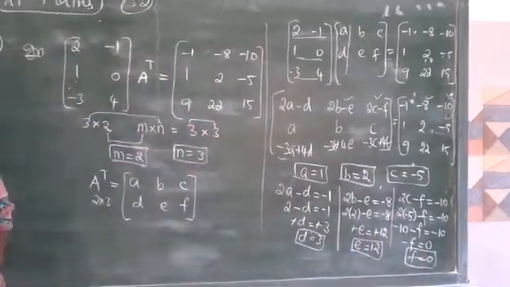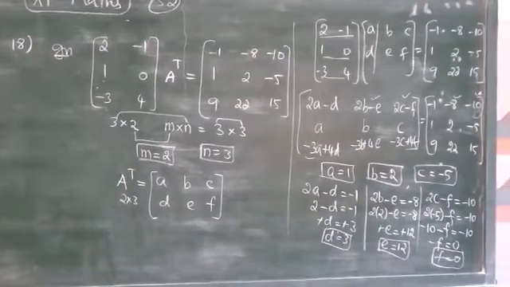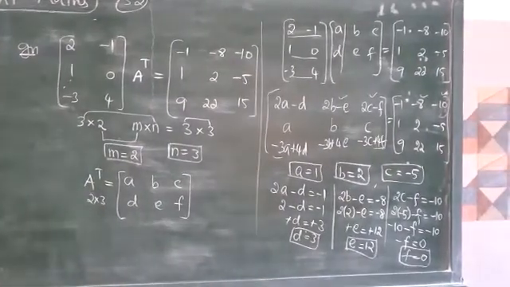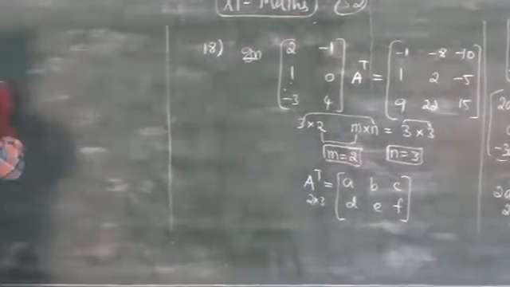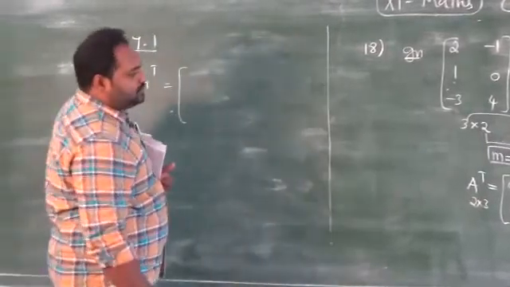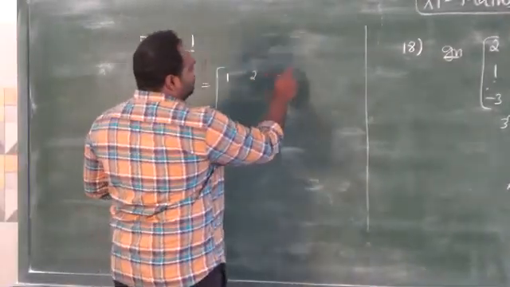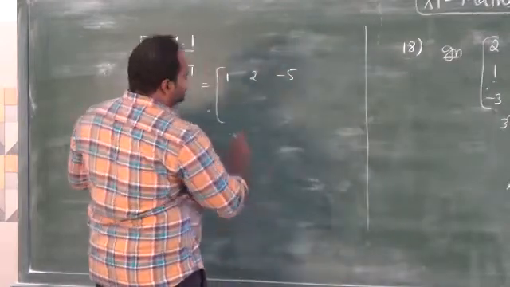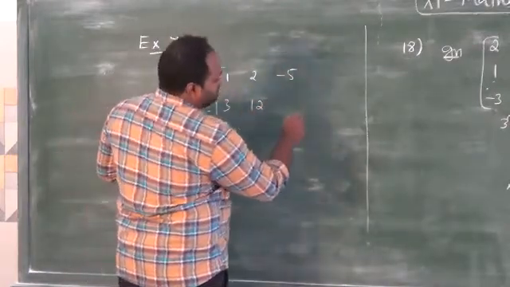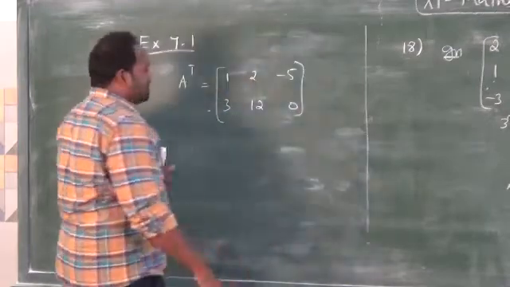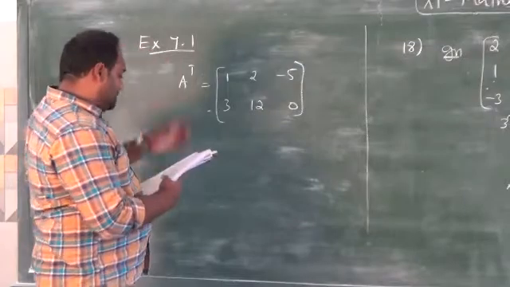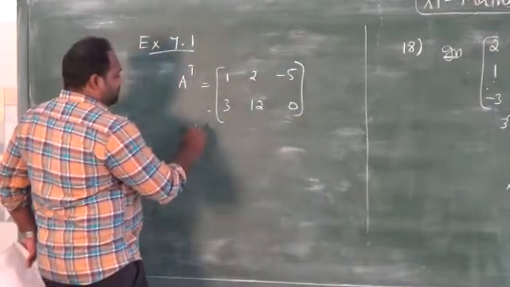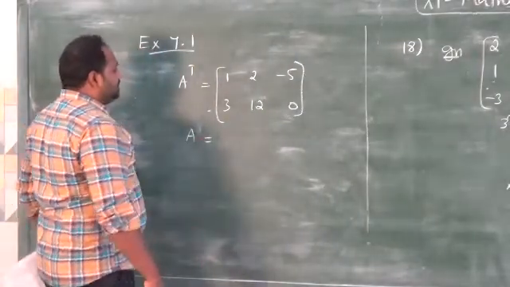Now I am going to apply it in the A transpose matrix. A transpose equal to, what is A value? 1, 2, minus 5, 3, 12, 0. So this is the A transpose value. Actually they are asking to find matrix A. So how will you get matrix A from the A transpose?